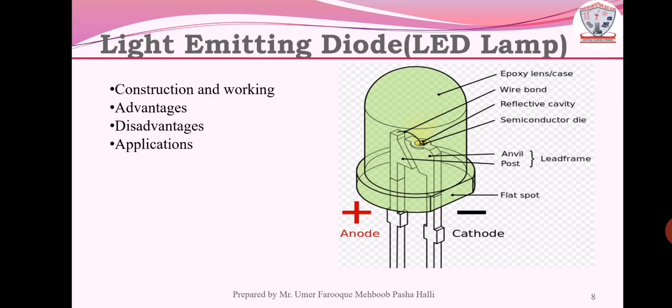Now we discuss the lamp, that is LED, light emitting diode. The figure shows the light emitting diode lamp. The gallium arsenide junction biased in the forward direction was found to be an efficient emitter of radiation.